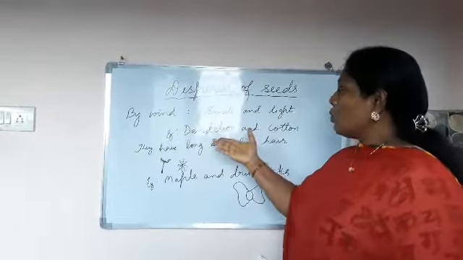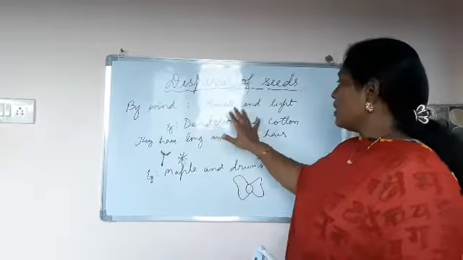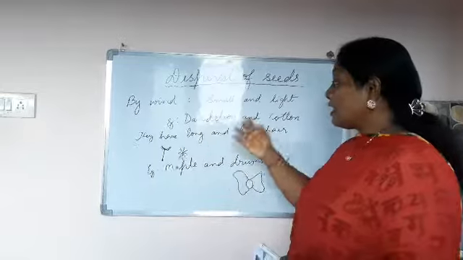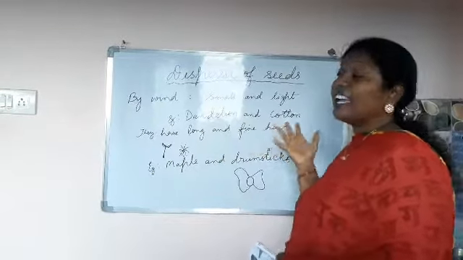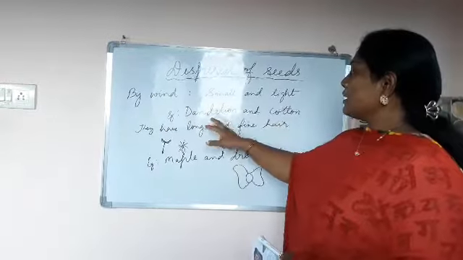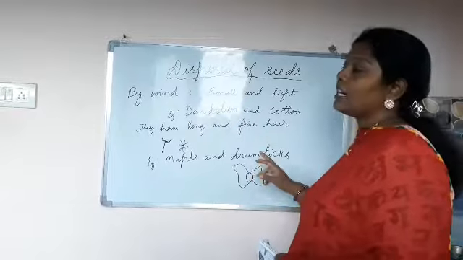Okay, children. So what are the things that are required for these seeds? They should be small and very lightweight, and they should also have long and fine hairy structures on the seed. What are the examples? Dandelion, cotton, maple and drumstick.